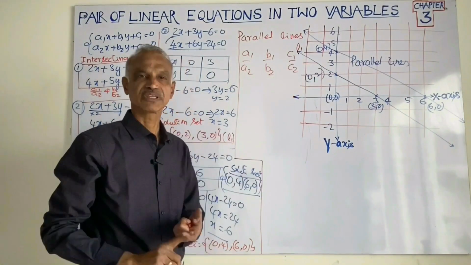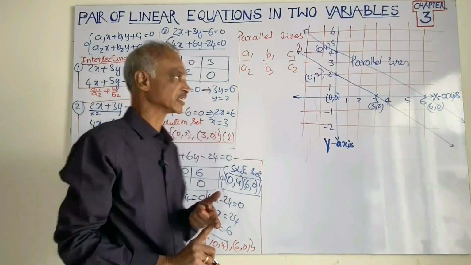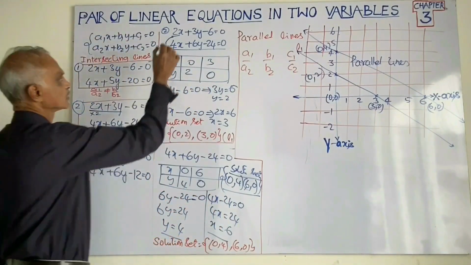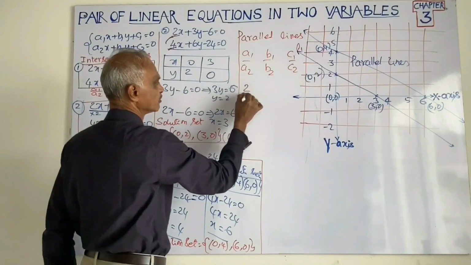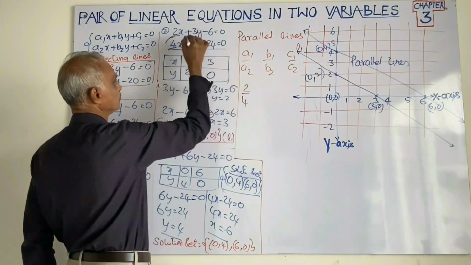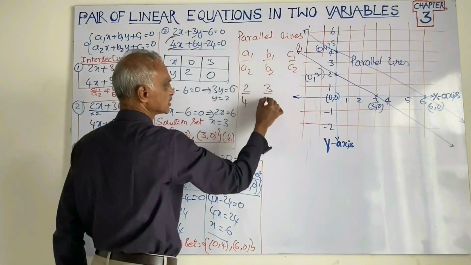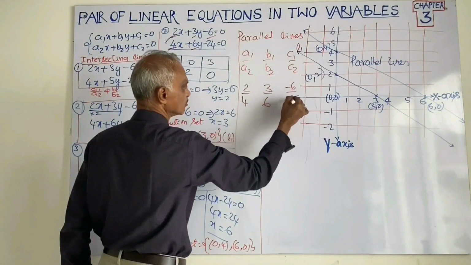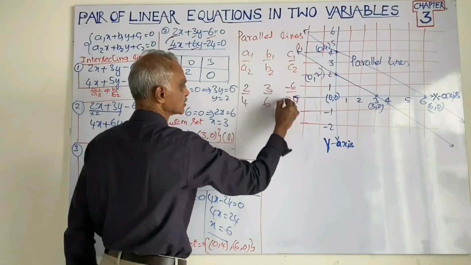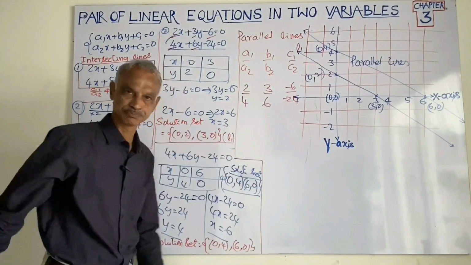We observe the ratio of the coefficients. See, this is a1, this is a2: 2 by 4, and b1 by b2: 3 by 6, is equal to minus 6 by minus 24.